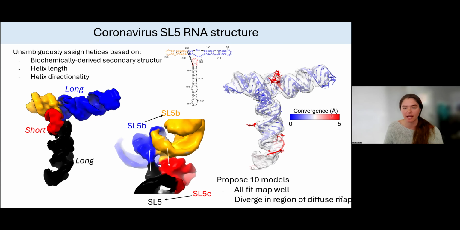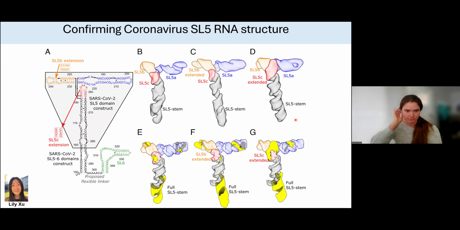So you can see it's in red, which means the 10 models diverge a lot in this region. And you can see that across various regions that have low local resolution. So that's one way to represent our uncertainty in RNA maps, which often at these small scales, this RNA is only roughly 120 nucleotides long. We need to represent this uncertainty.